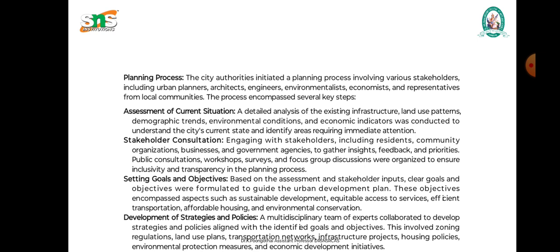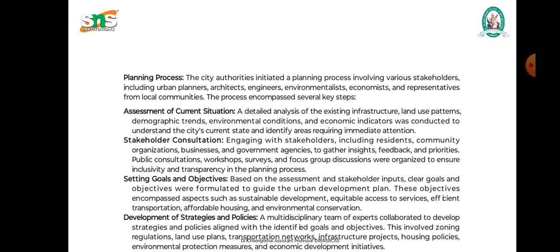The next one is setting goals and objectives. Based on the assessment and stakeholder inputs, clear goals and objectives were formulated to guide the urban development plan. These objectives encompassed aspects such as sustainable development, equitable access to services, efficient transportation, affordable housing, and environmental conservation.